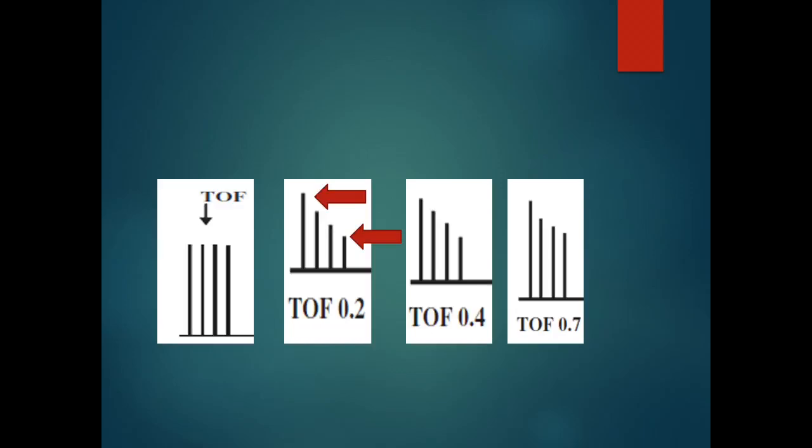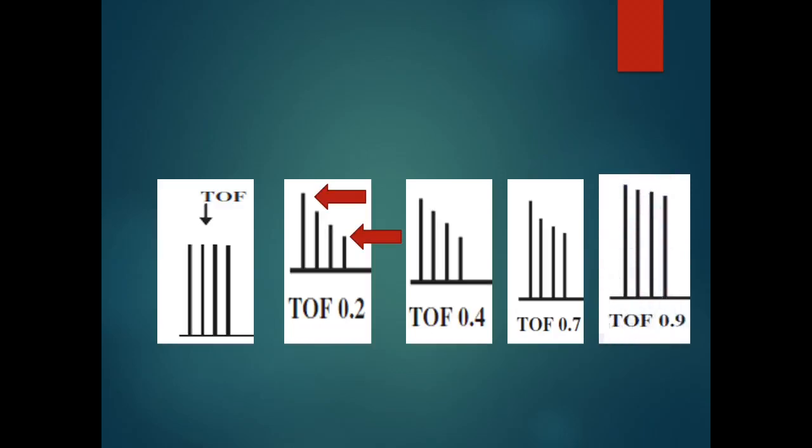Still you are not very happy with it and you keep waiting some more time. Still the response increases and the train of 4 ratio increases to 0.7. Now once the patient has been totally reversed of the drug, all the 4 responses are back to normal or beyond 90%.